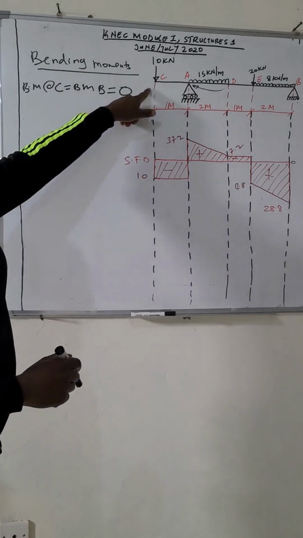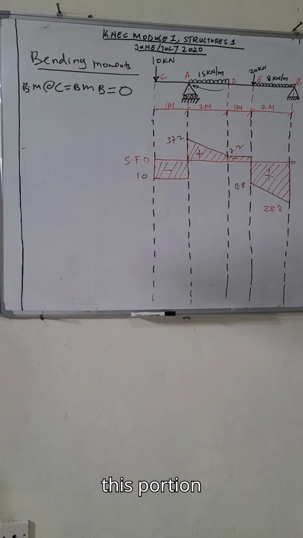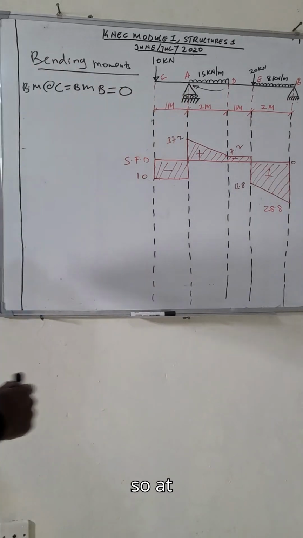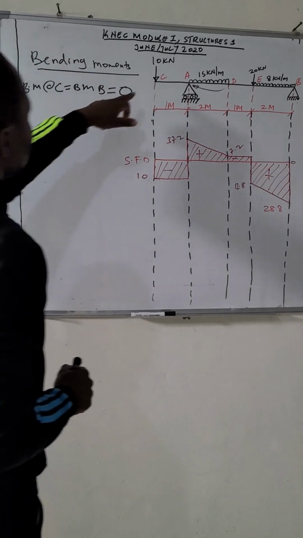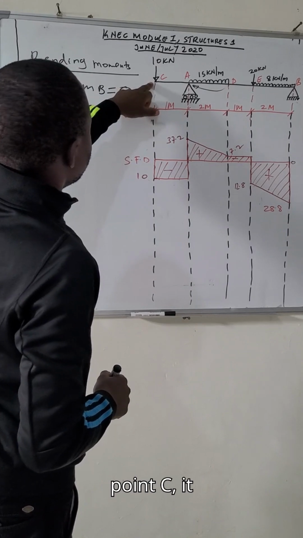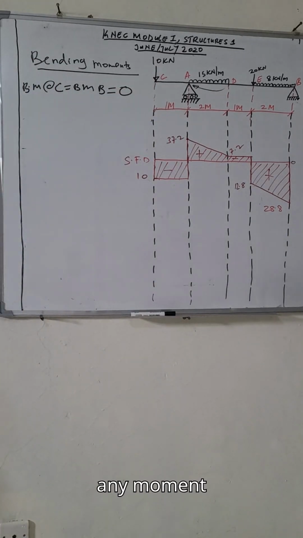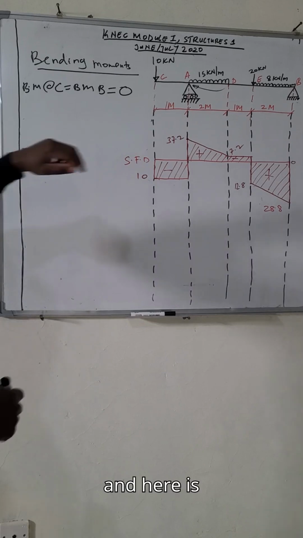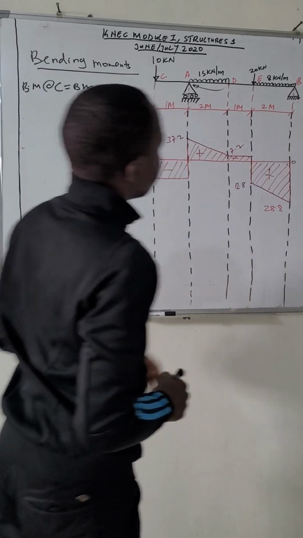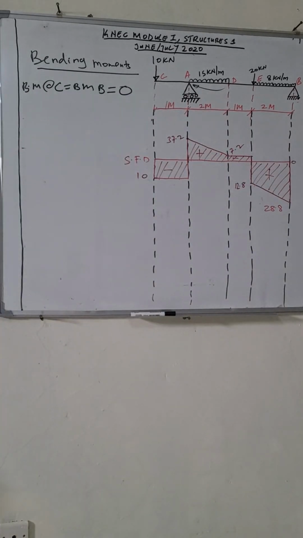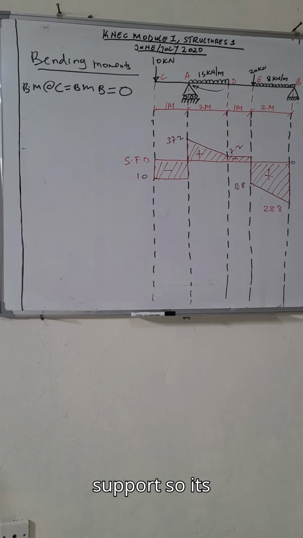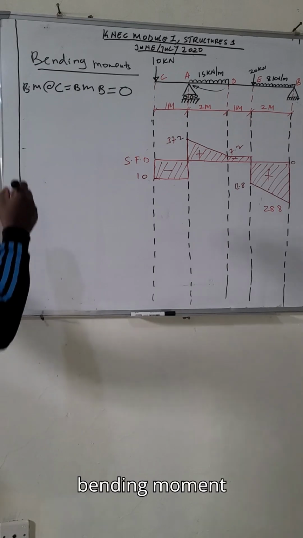At C, this portion is overhanging, so this at point C cannot create any moment because it is not a span. And here is a pinned support, so its bending moment is 0. So let's go to bending moment.